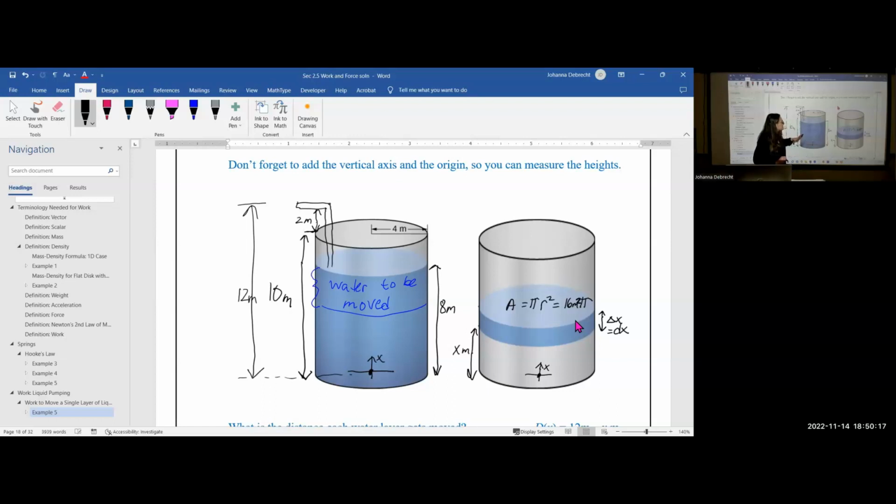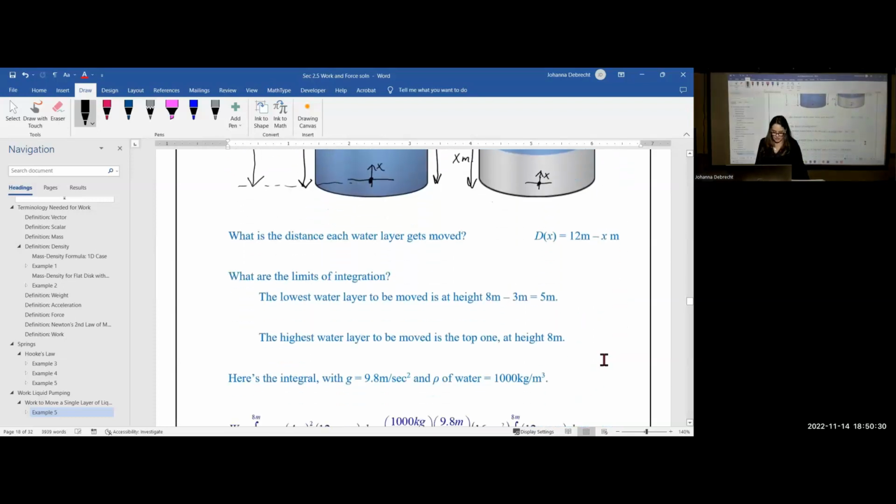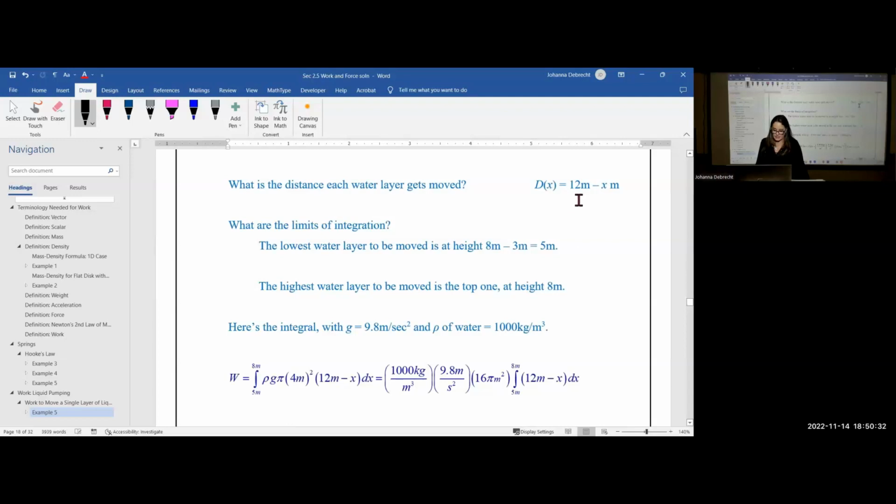So what is the distance it needs to move? The outlet pipe is at 12 meters. It's already gone x, so it needs to go 12 meters minus x. So the distance that it's moved is a function of x and given by 12 meters minus x meters.